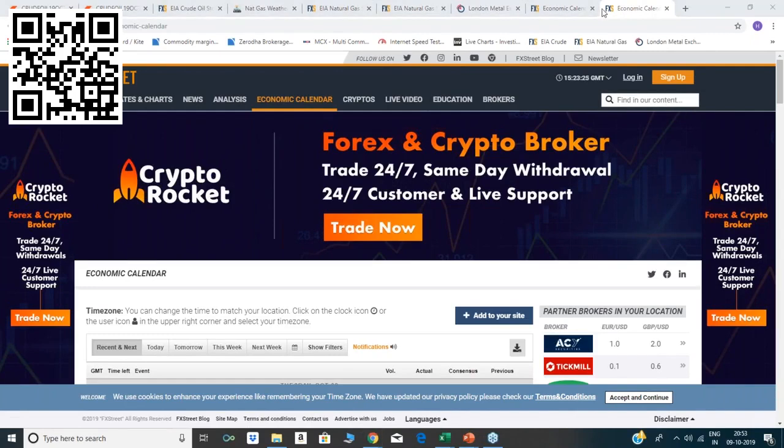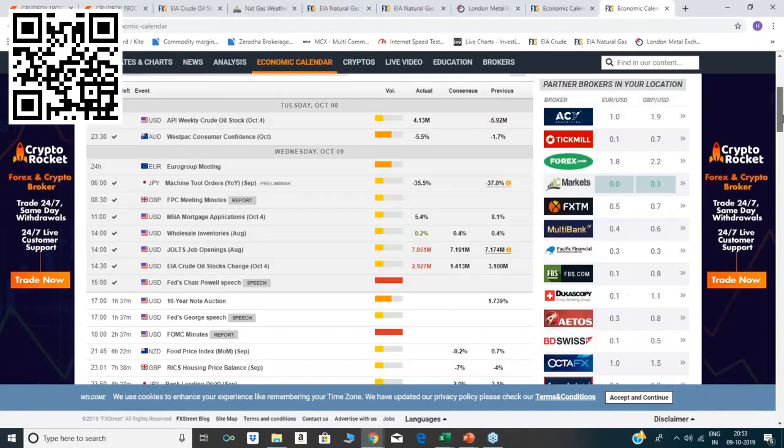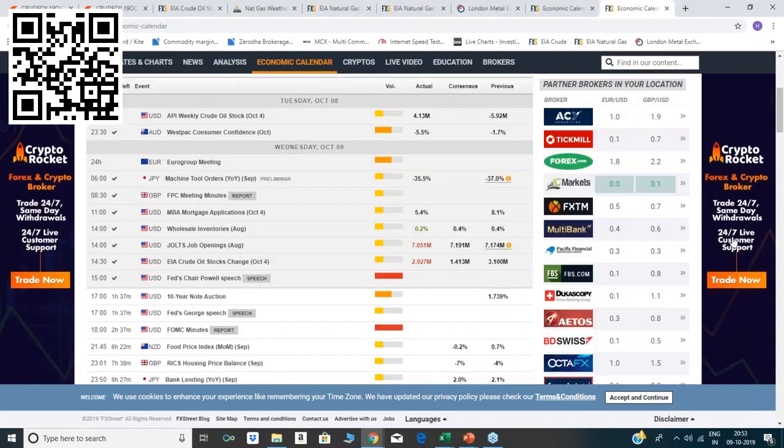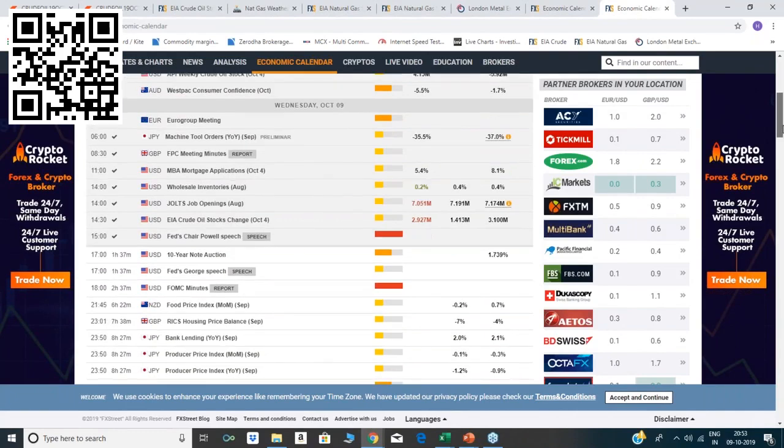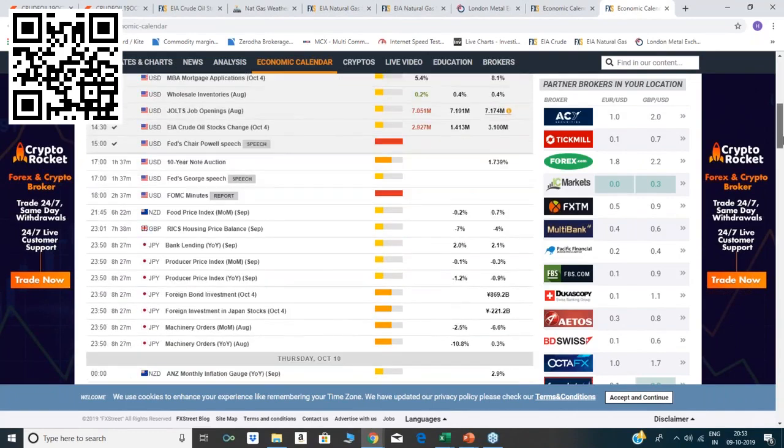The GDP is impacting the commodities price. Many other things are impacting commodities price, but right now we won't be aware of the impact of each and every news.